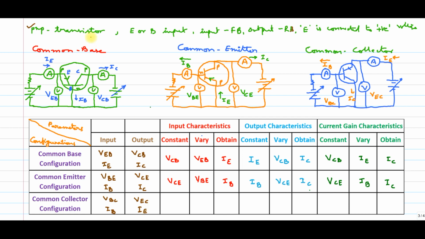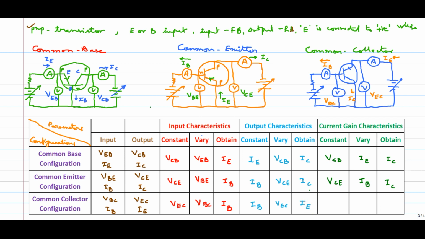Coming to input characteristics, the output voltage VEC should be constant, and input voltage VBC should be varied to get the corresponding input current IB. For output characteristics, keep input current IB constant, vary output voltage VEC, and identify output current IE.